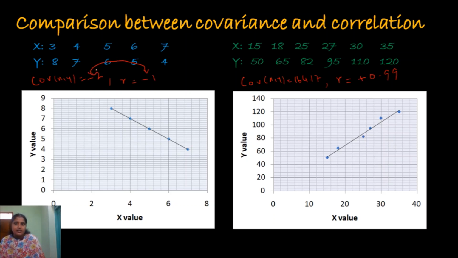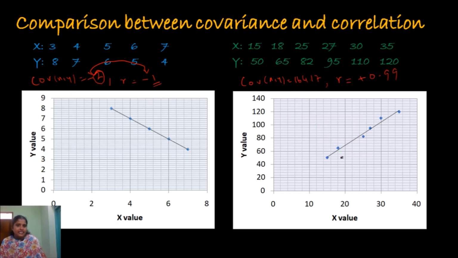That indicates the direction of the relationship between the two variables. But based on the covariance value -2, we didn't get any information about the strength of the relationship between the two variables. Whereas the correlation coefficient gives you the value -1, that indicates there exists a perfect negative correlation between the two variables.